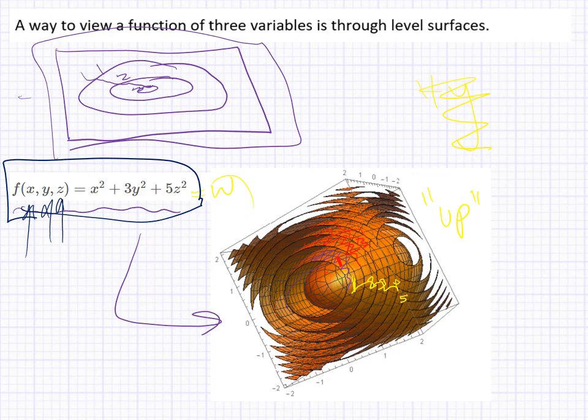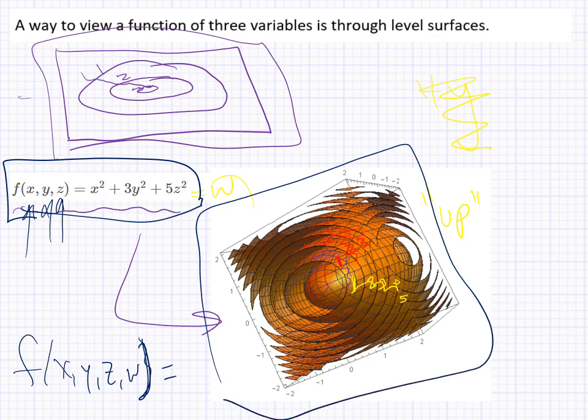And so if I did 5, 6, 7 independent variables, that from a computational standpoint is easy to do. From a visualization standpoint, not so much. But the way we can do it for at least four-dimensional space is to think about these in level surface terms. Okay, similar to what we did with level curves for 3D space.